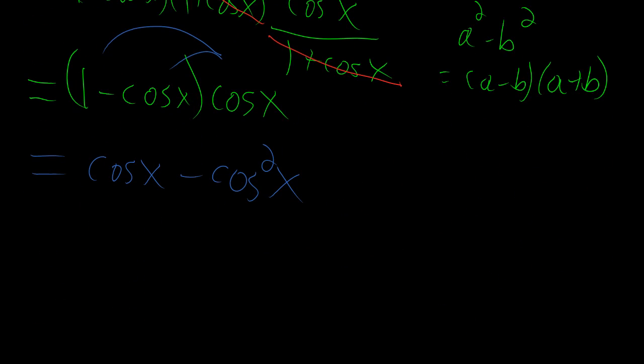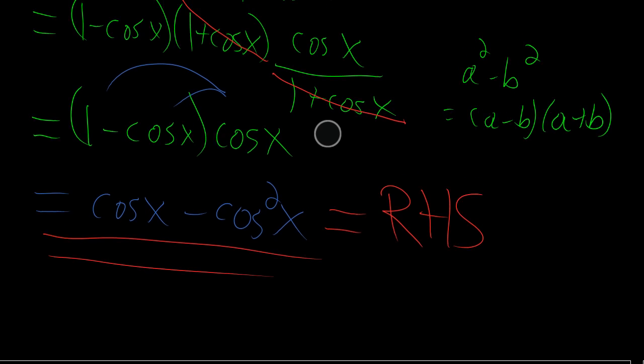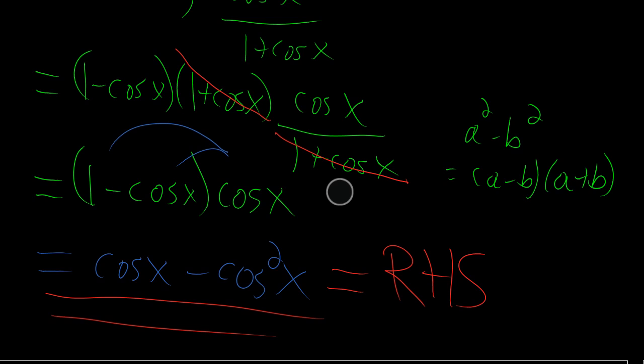Way up there. So I could simply end this by saying this equals right-hand side. And I don't have to do anything on the right-hand side because I've simplified and found the right-hand side equivalent. This was a tricky proof, but it is quite common that you write sine squared x as a difference of squares.